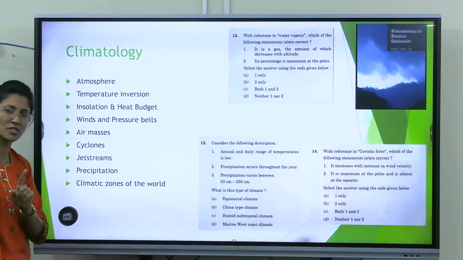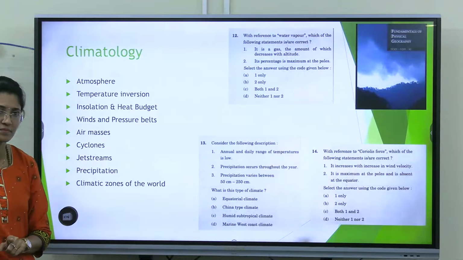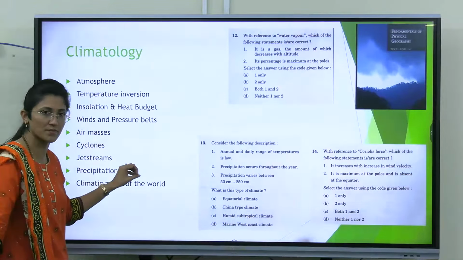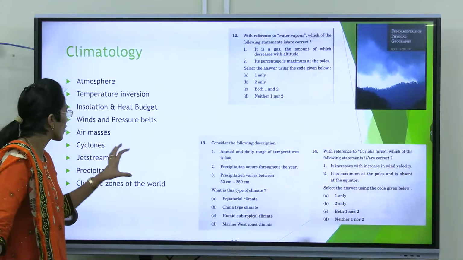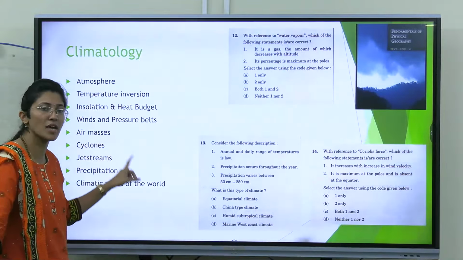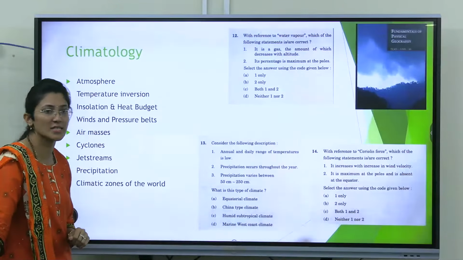At least one question is being asked every year. Right? And the source. Here also we expect only static questions, which need conceptual clarity, basic understanding of these topics. And the major source is again class 11th NCERT.